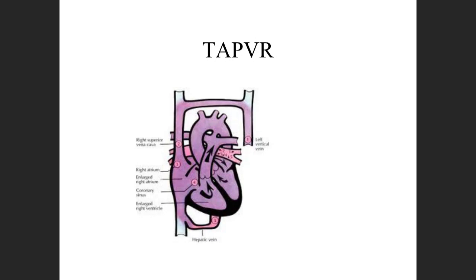Total anomalous pulmonary venous return means that the pulmonary venous blood, in fact, instead of going into the left atrium, which is the normal situation, will join with pulmonary venous blood from the right side and the left side and enter into the right atrium at some point.